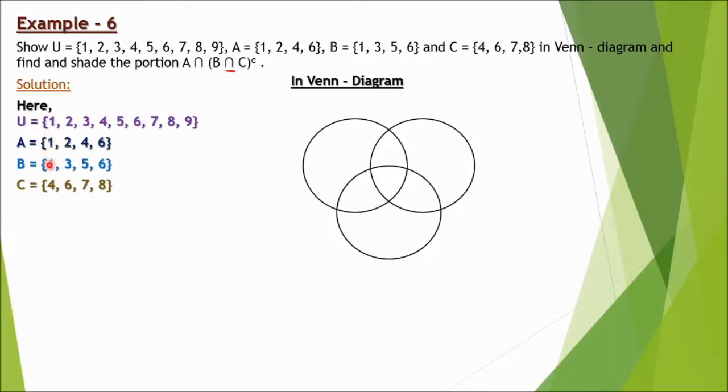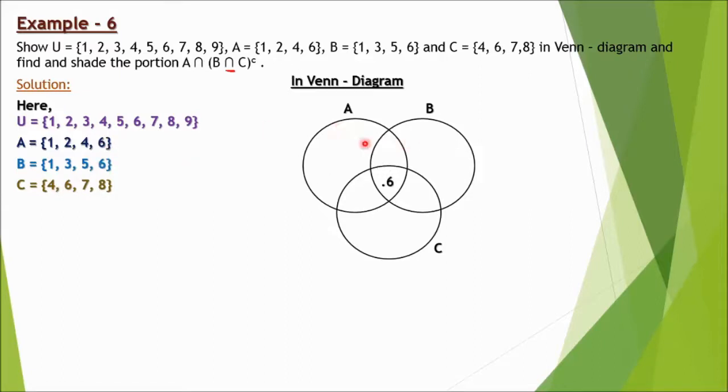So 1 is there in A and B but not in C. 2 you can say is a common element, and these are set A and B first, B and C. So 4 you cannot see, and 6 also only A and B. So there is no element. I think 6 is there which is common in all 3 sets. So you can see C on B also. So let's fill that part first.